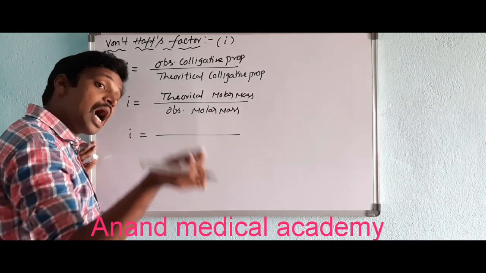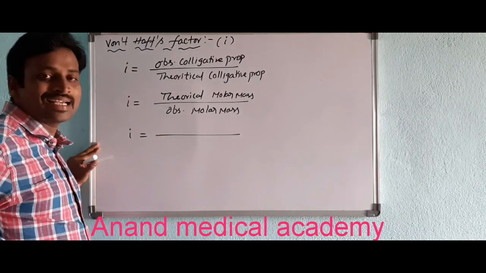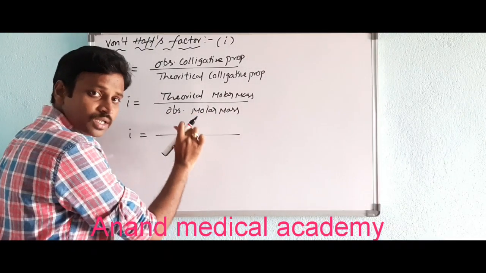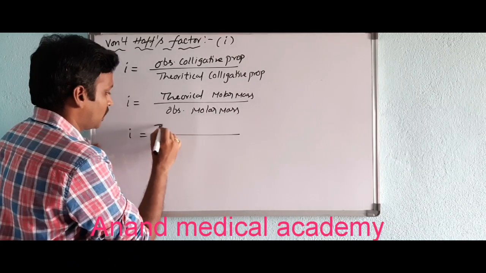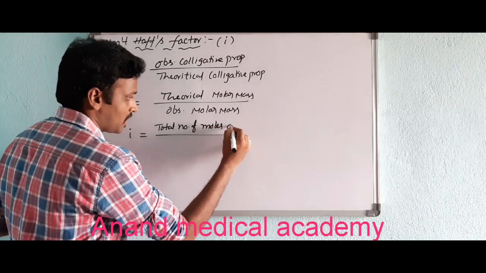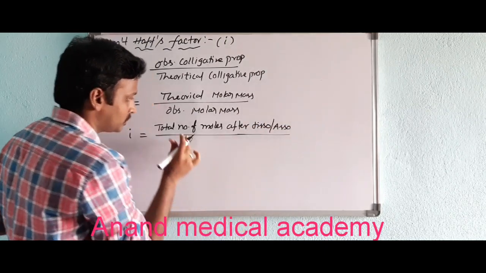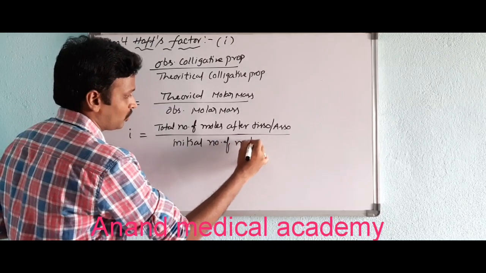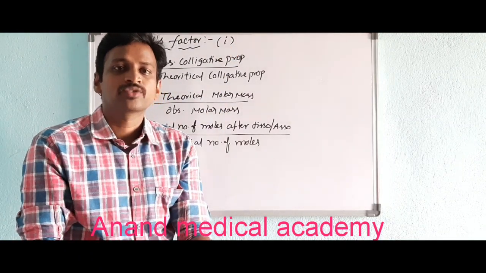The total number of moles after dissociation or association to the initial number of moles, that also you can take as the van't Hoff factor. I repeat, i is the total number of moles present after dissociation or association to the initial number of moles present, meaning initially, before dissolving in a particular solvent.